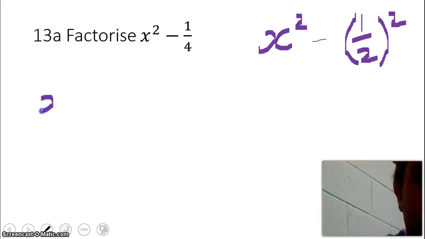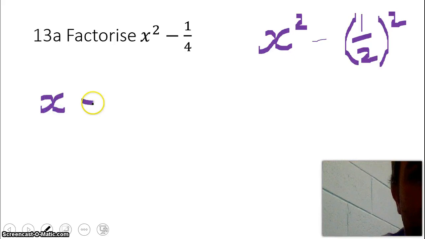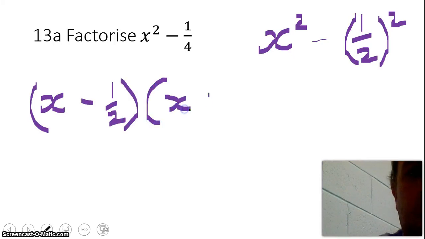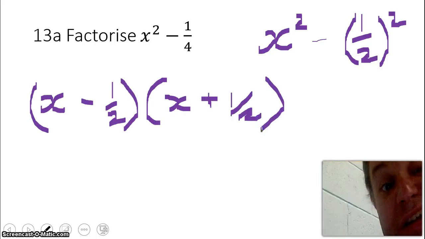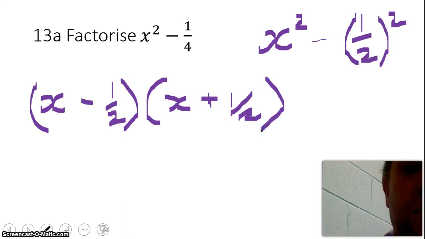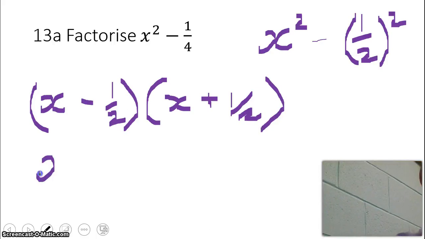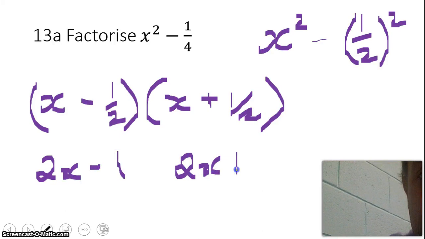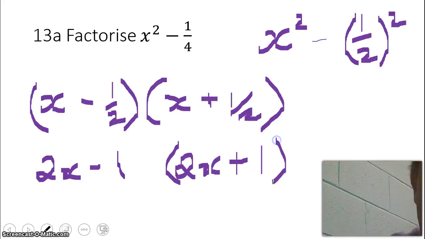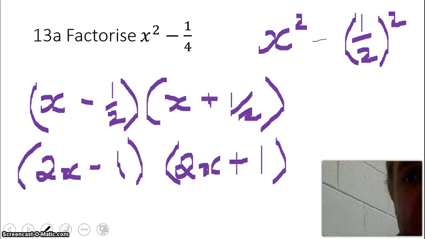So writing it out, we've got x minus a half, x plus a half. And truthfully, I could go further and multiply them both by 2 and end up with 2x minus 1 and 2x plus 1, which I think I might actually do. 2x minus 1, 2x plus 1. And that makes it a bit nicer.